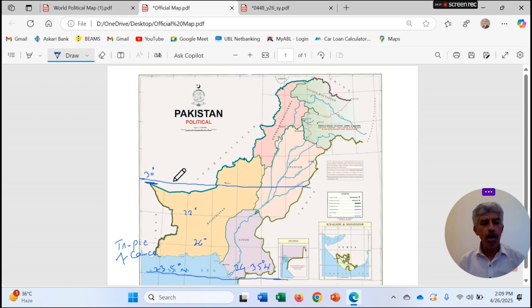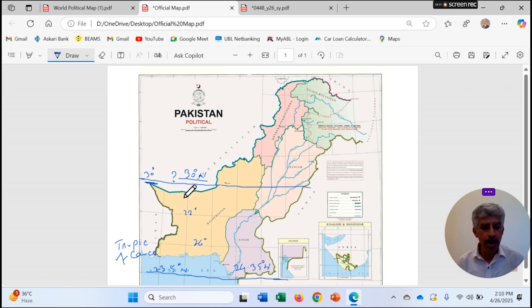So it means that if this latitude comes in the exam as a question mark, and you are asked to write the degree over here, you are supposed to write 30° north. So do not forget to write north, right? As Pakistan is above the equator line and is in the northern hemisphere of the globe, it is a must to write 30° north, as 30° is also over there in the south.